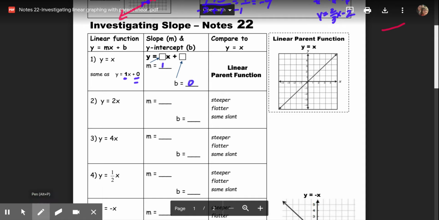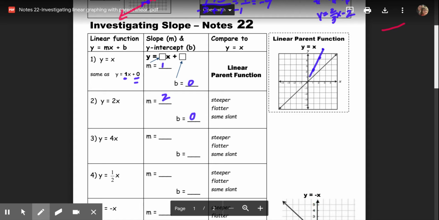All right, let's take a look at problem 2. So your slope is 2. Your y-intercept is 0. And if you want to put this in your calculator, you can go ahead and do that. But if you have a slope that's 2, basically that's up 2 over 1, up 2 over 1.